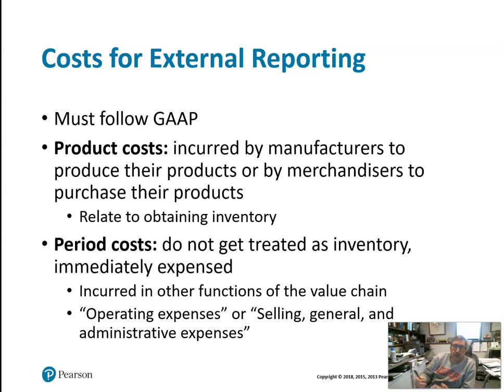If we were generating costs that didn't have to do with the product, then all of those costs were considered operating expenses or selling and administrative expenses. Those costs are what we called period costs. They would typically show up on the income statement. They were never on the balance sheet. They went directly to the income statement, right?